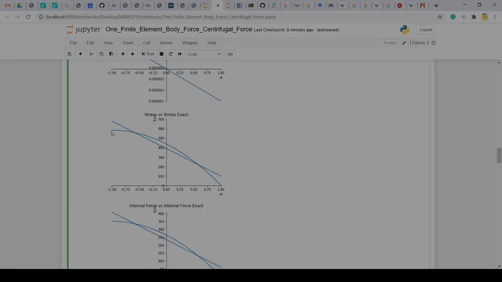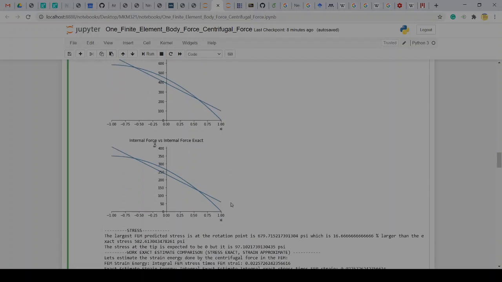And so the exact stress solution looks something like this. We overpredict the maximum stress in this case, and our lowest stress is not as low as what we would have expected. Okay, so that is essentially what we see here.